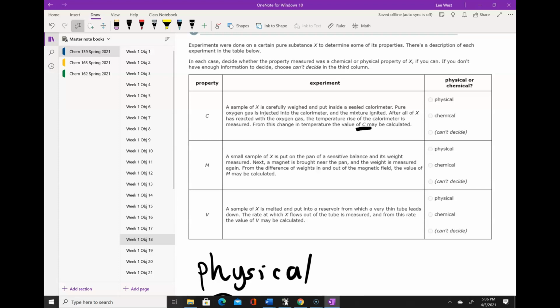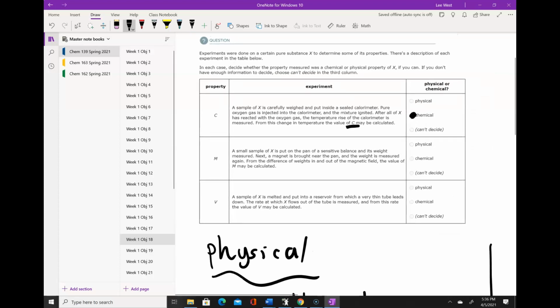So this is most definitely a chemical property. We're talking about how much energy is released when we react it with something else, right? So we're not even attempting to react it, we are reacting it, okay?